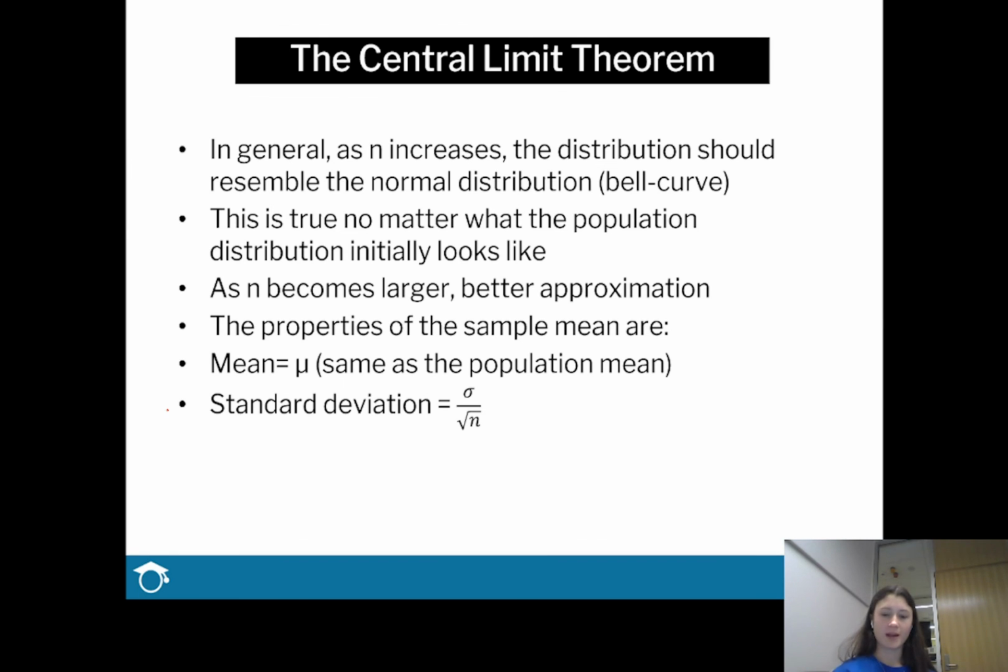So obviously when you're dividing something by a bigger and bigger number, the number that you're going to be left with is smaller and smaller because you're dividing into more and more pieces. So what that implies then is that as n increases, the standard deviation of a sample is going to decrease, meaning that it is more accurate.